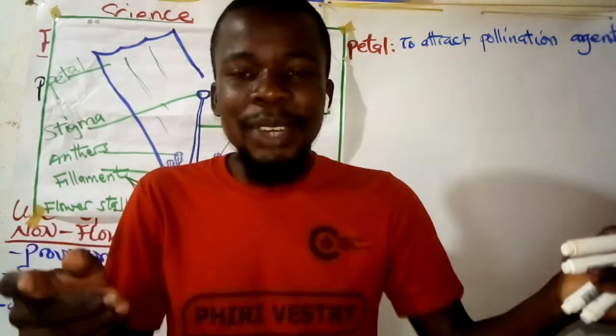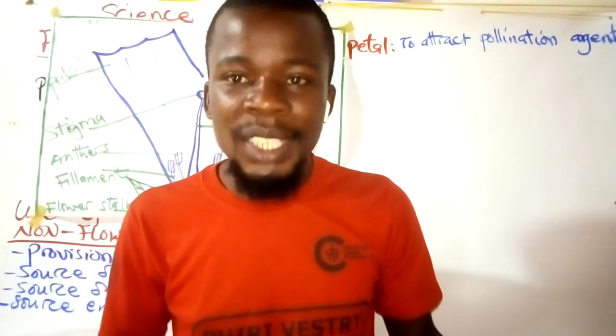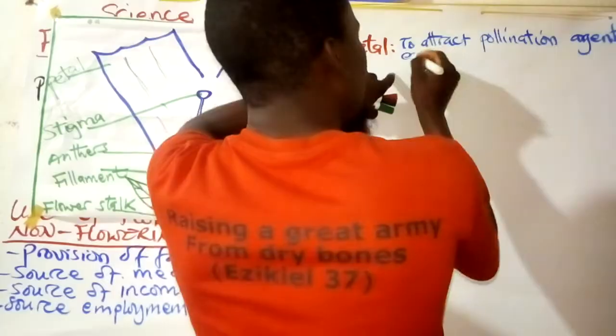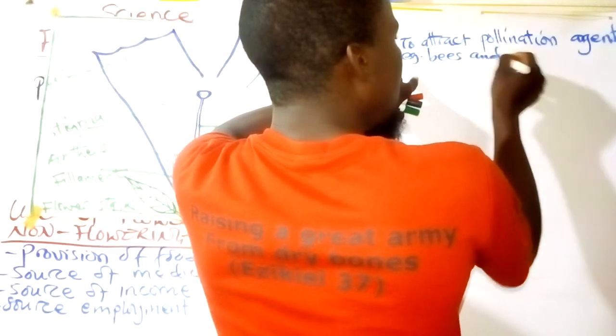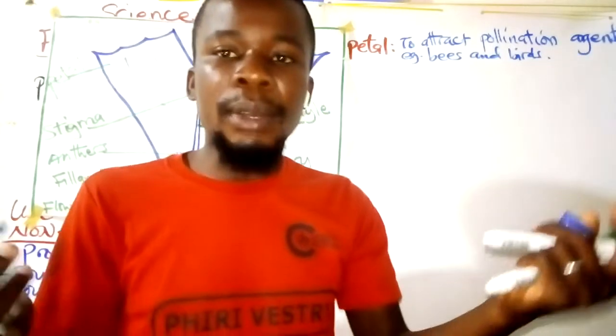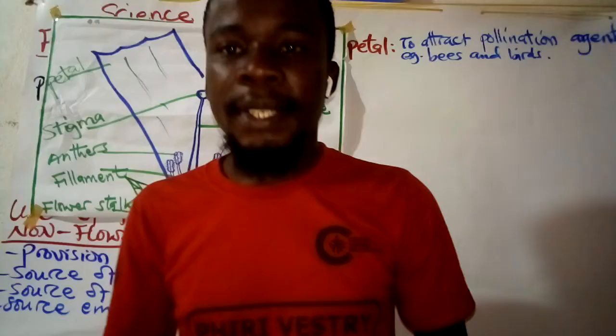Examples of these pollination agents are bees and birds. I have to write this. E.g., bees and birds. Butterfly as well. So those are the examples of the pollination agents.